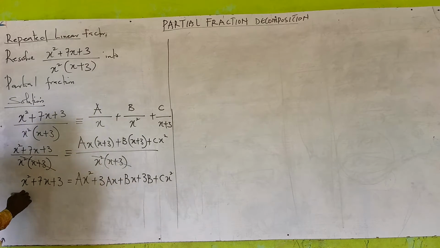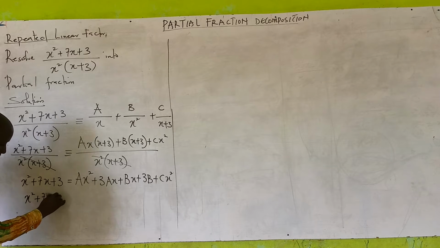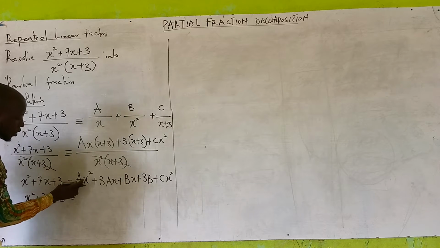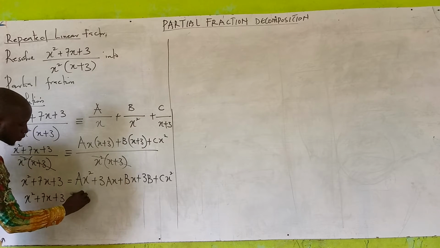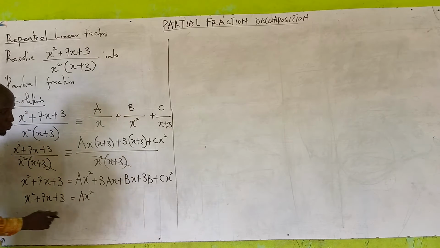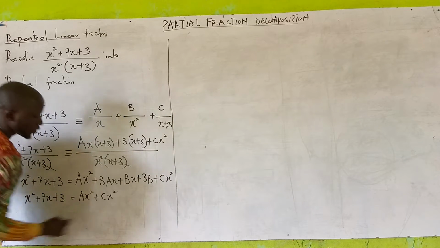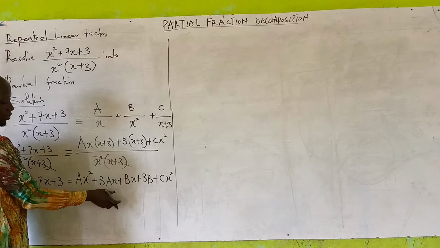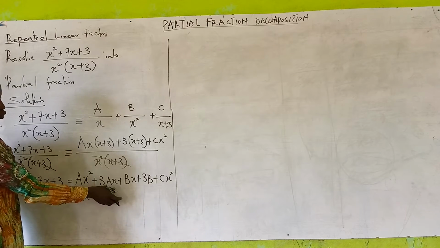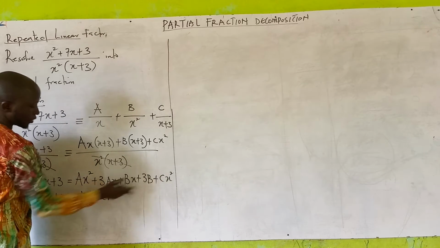First of all, let's arrange. x squared plus 7x plus 3 equals, we have Ax squared, and I'm bringing them together, Cx squared plus Ax squared. Those with x squared are these from what we have here.